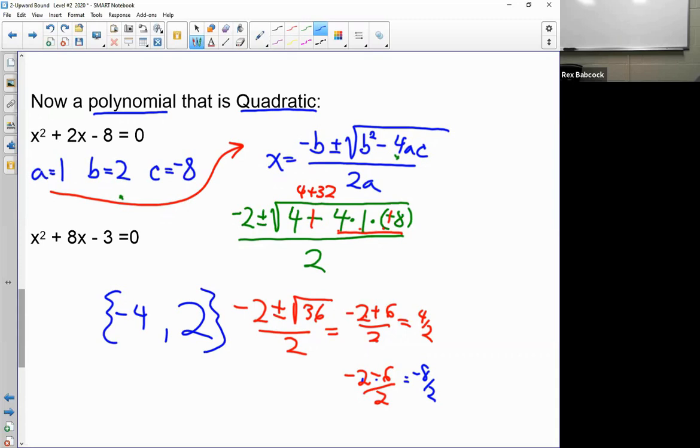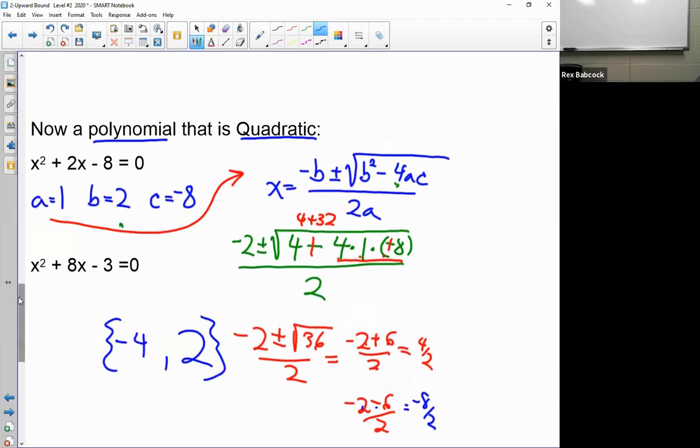Now, if you can factor it, we just talked about factoring as well as the quadratic formula. If you factored this right here, you could solve by factoring. It is x plus 4 times x minus 2 equals 0. And both on factoring and the quadratic formula, it's important that it equals 0.